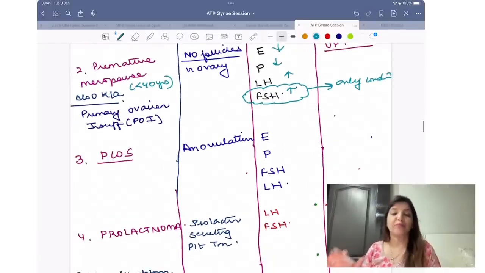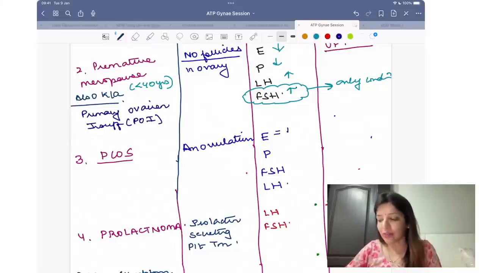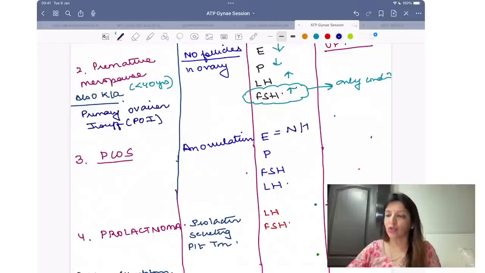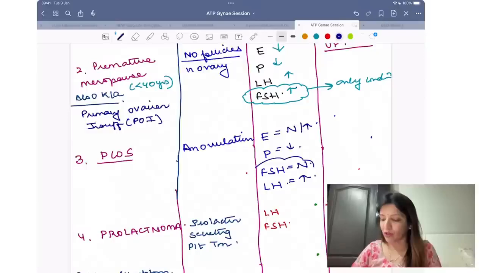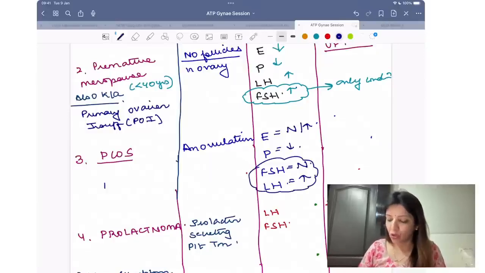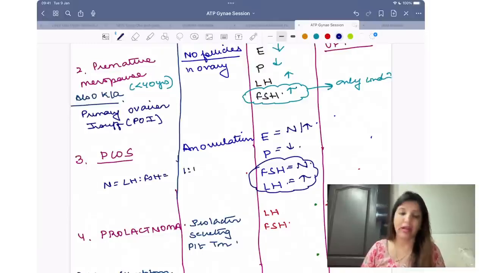PCOS के patients में the problem is anovulation, right? In a patient of PCOS, estrogen level can be normal or it could be increased. Progesterone levels are decreased. FSH levels are normal. LH levels are high. Please remember, normally LH to FSH is 1:1.